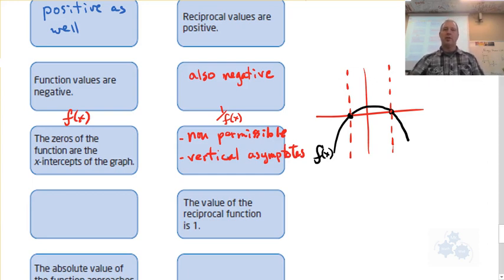So on the reciprocal function, the value of the reciprocal function is y equals 1. So let's say this is 1 right here. What does that mean about the original function? What's the value there?